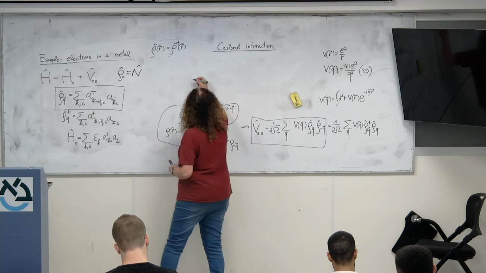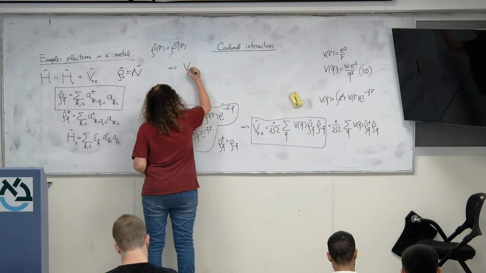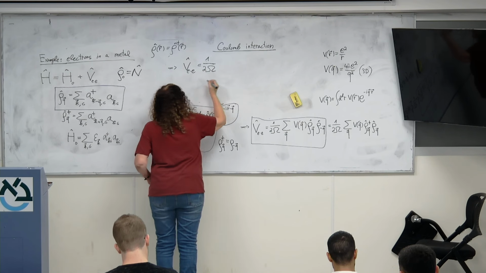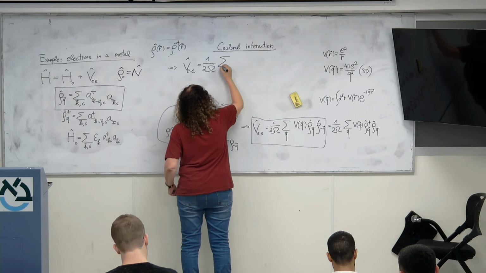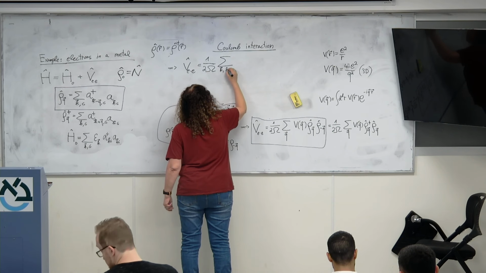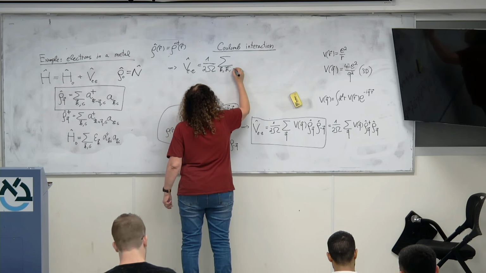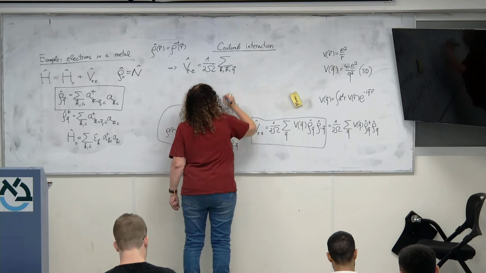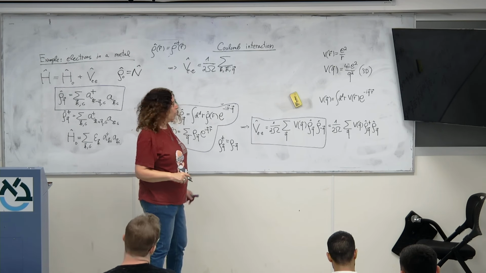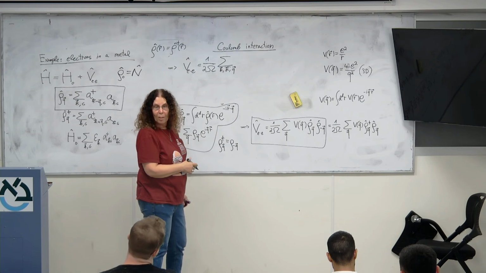What I get is that V_ee is a normalization factor, and now I have a summation over how many momenta? I'm claiming that only 3, not 4. Why? Momentum conservation. It comes out of the calculation.